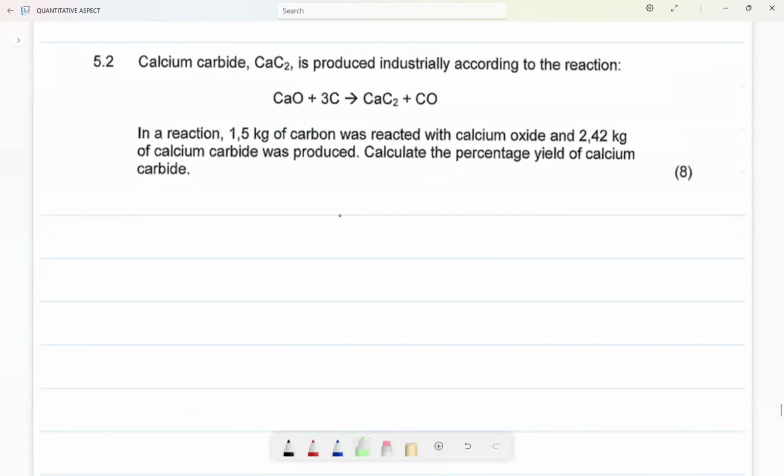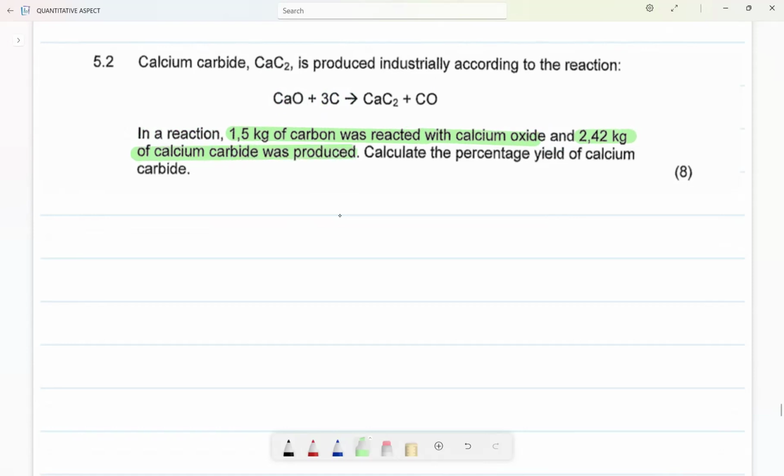So I'm told that calcium carbide is produced industrially according to this reaction. It is balanced. Then in a reaction, 1.5 kilograms of carbon was reacted with calcium oxide, and 2.42 kilograms of calcium carbide was produced.